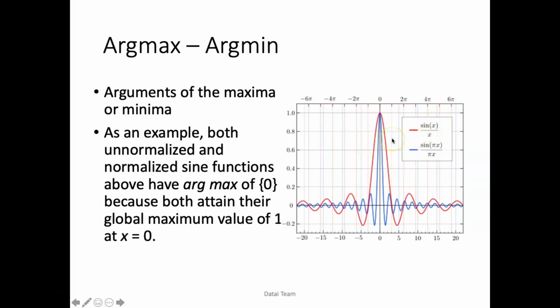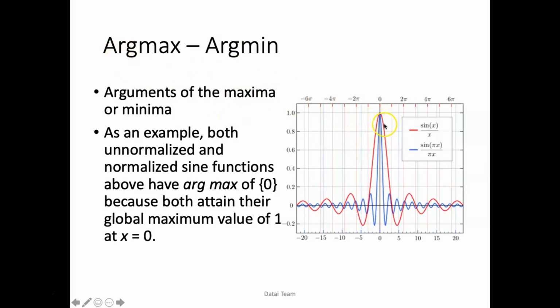The input that the function takes is an argument, and we have argmax. Argmax, or the argument maximum, is the x value that has the highest y value. So the x value that gives us the global minima is the argmin, and the x value that gives us the global maximum is the argument maximum.